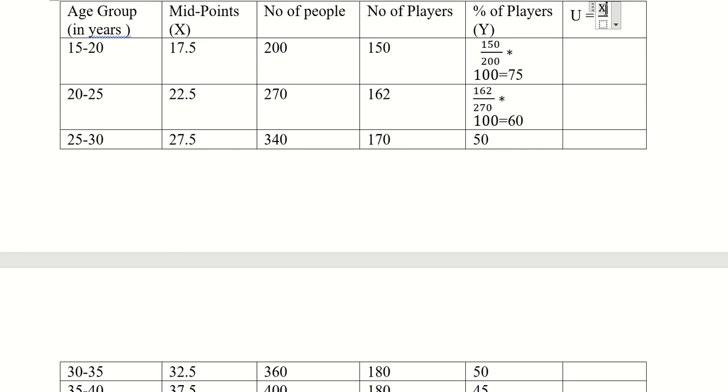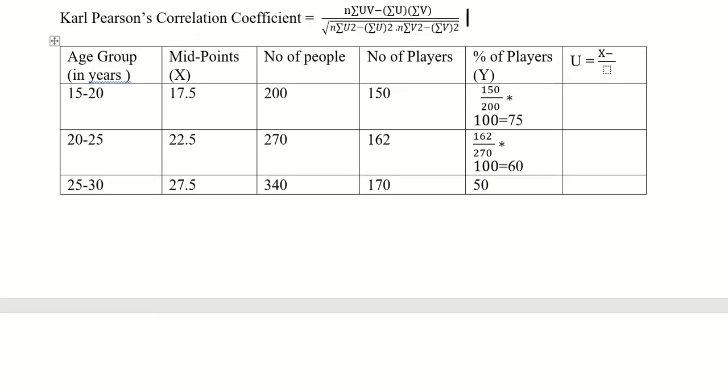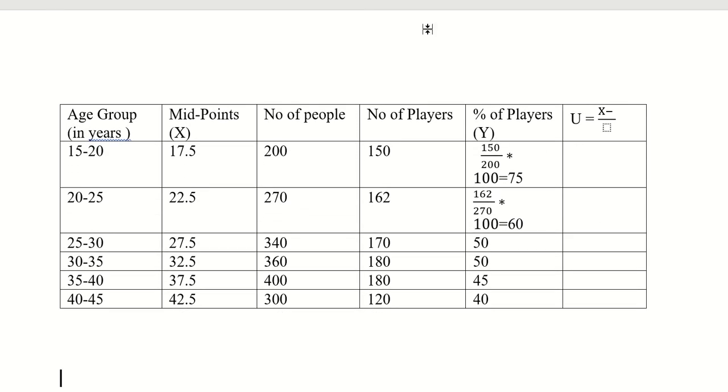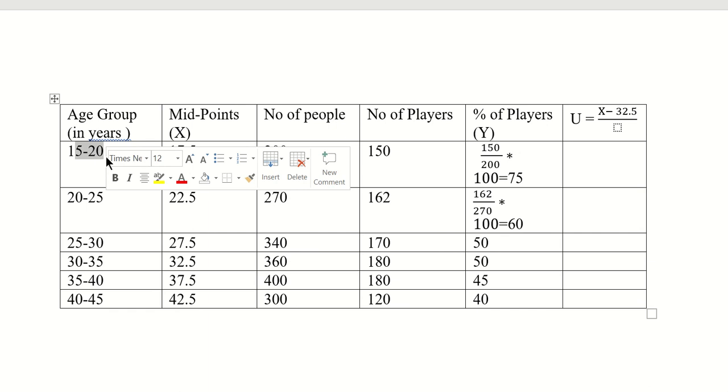So here x minus some assumed value. We usually take the mid value as the assumed value, like 32.5 is the central value. So here I will take the assumed mean as 32.5. And we divide by a common divisible factor, and usually the common divisible factor is the class interval.